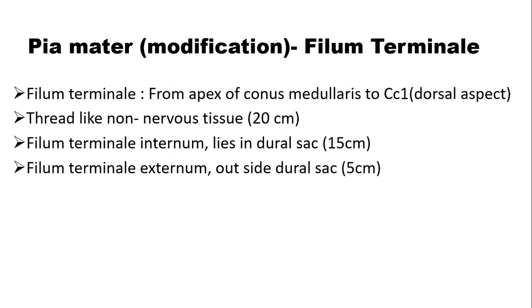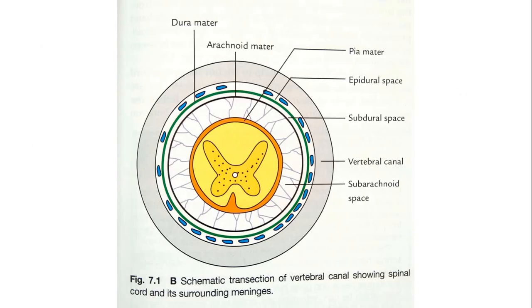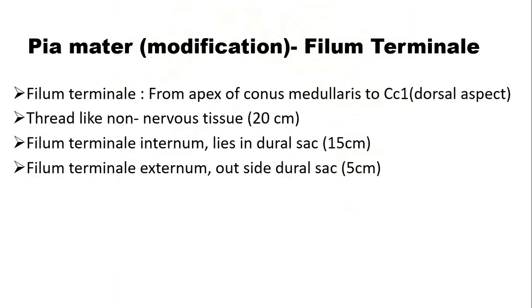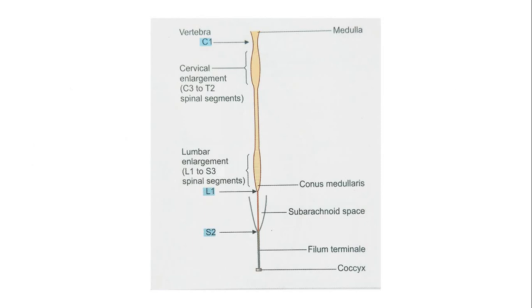Now, this innermost pia mater, that is closely investing the spinal cord, modifies as filum terminale. See again the lower end of the spinal cord, that is conus medullaris.